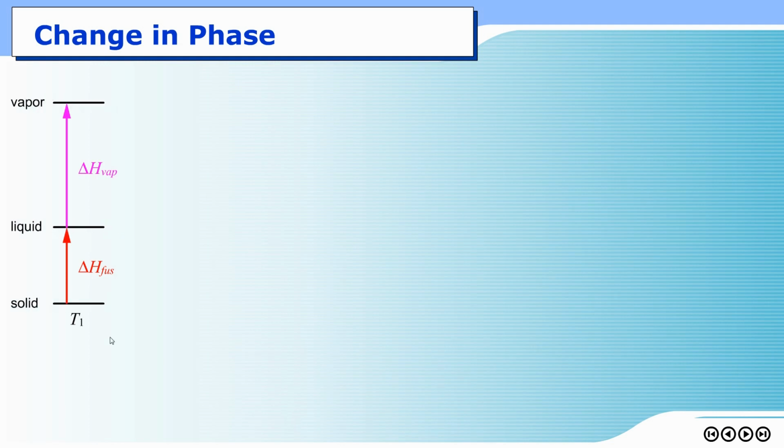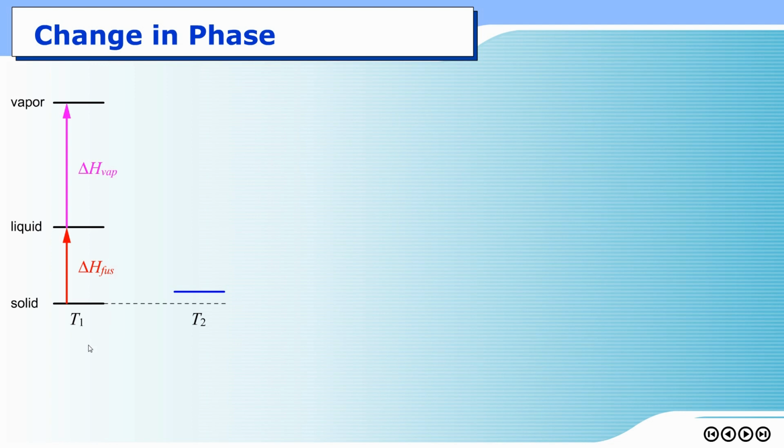Now let's say I have water, the whole system, the conversion from solid ice to vapor taking place at T1, let's say T1 is minus 5 degrees Celsius. If I heat up ice, it is understandable that ice would melt at 0 degrees Celsius under pressure of 1 atm.